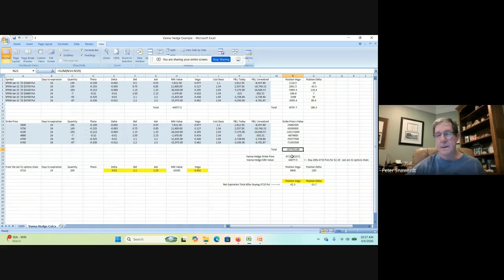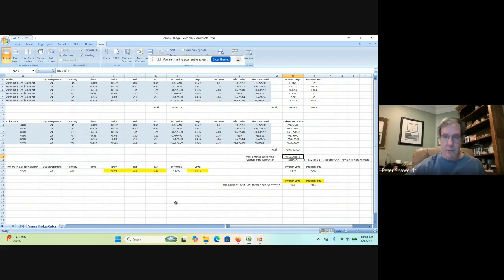And the hedge strike price is the sum of all of these things divided by the total value, which is right there. Note that that is simply the value of all of the positions. And we come up with 4712.